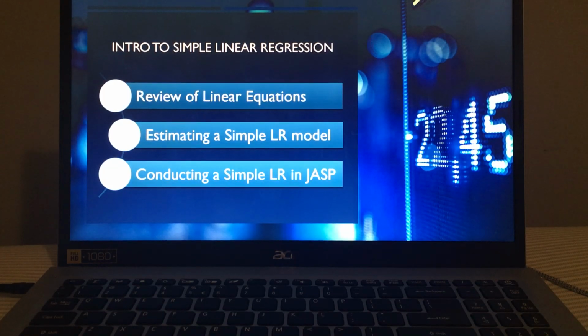Although the author hasn't said so explicitly in this equation, what we're assuming is that this formula works for all observations in the data set, for example, for all of i.